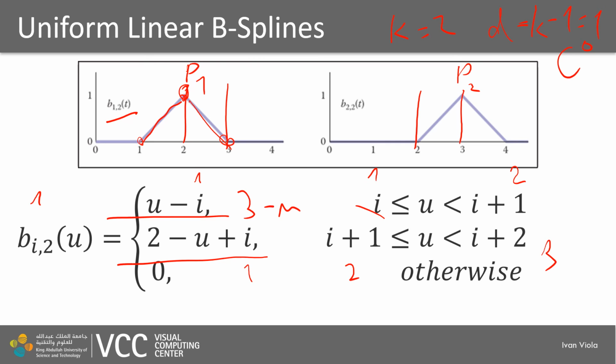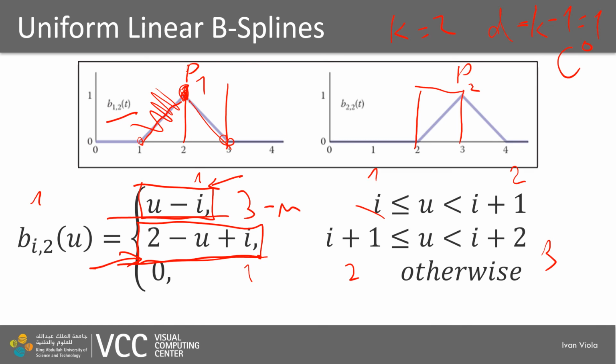The areas where they do not overlap are automatically equal to 0. You can also consider that the P1 point is weighted with this part of the function, while P2 is weighted with this part. So this one is the decreasing one as we are leaving P1, and the increasing one as we are going closer to P2.